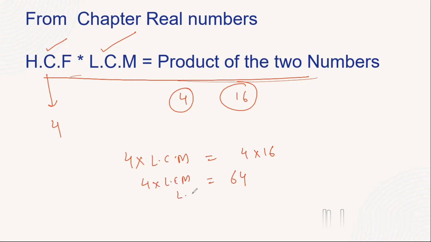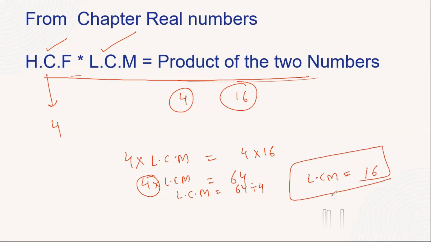So you will take this 4 to the right hand side in the division part, because on the left side it is multiplication, and when it changes its side, multiplication becomes division. So LCM will become 64 divided by 4, which is 16. So LCM is 16, right? This is the way you use the formula.